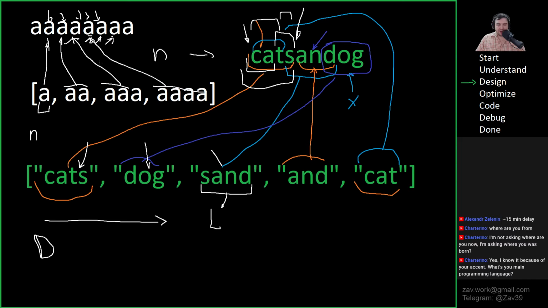But okay, let's assume we don't perform the operation on the same letters. What will be the complexity in this case? In this case, we will have a complexity of N squared times D times L. Not two times, sorry.